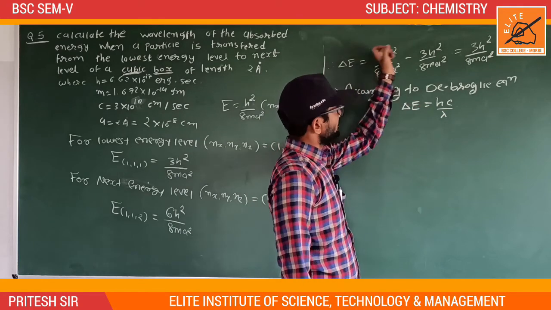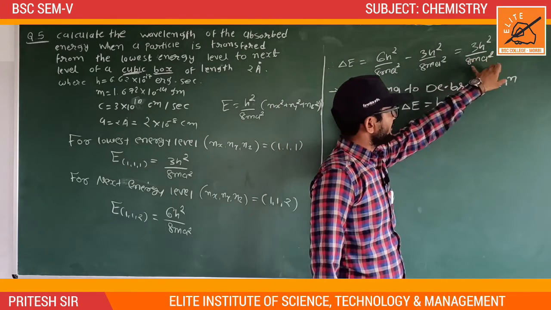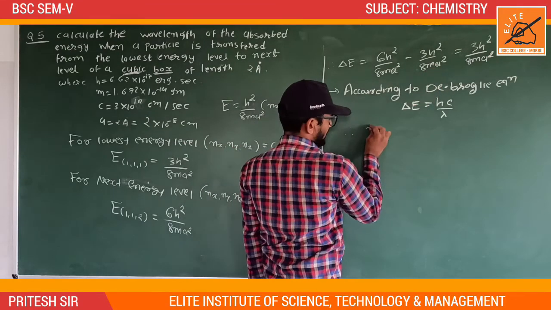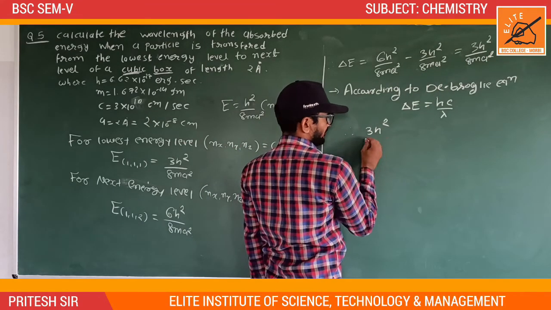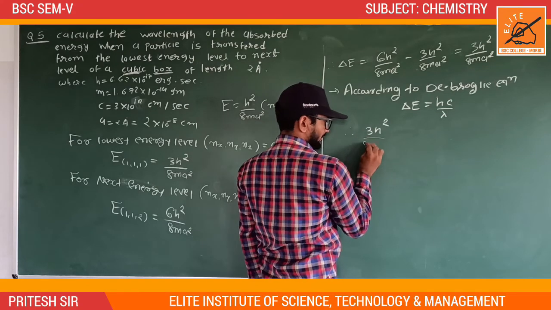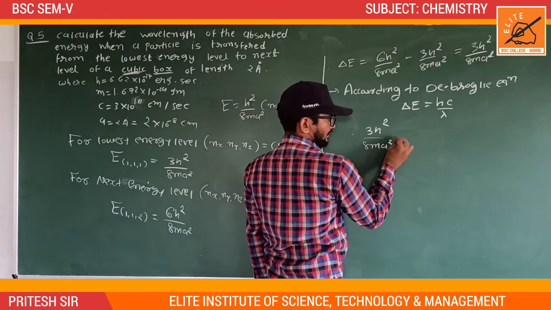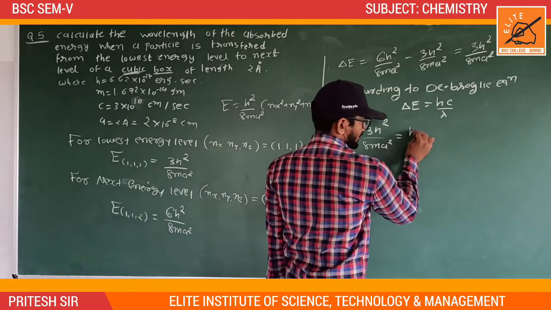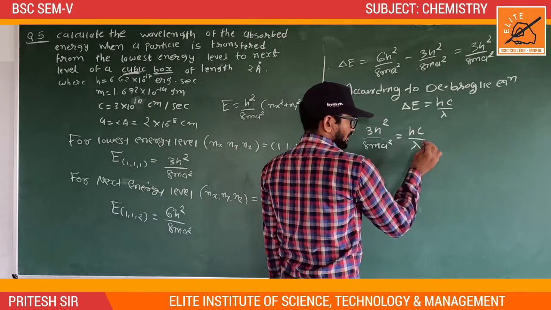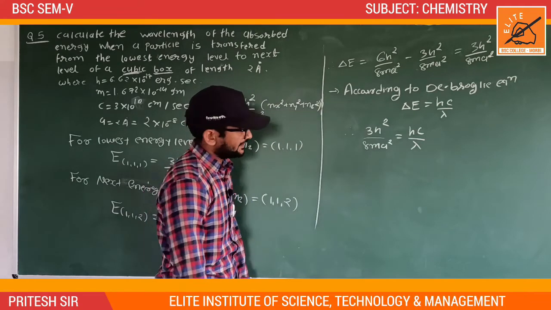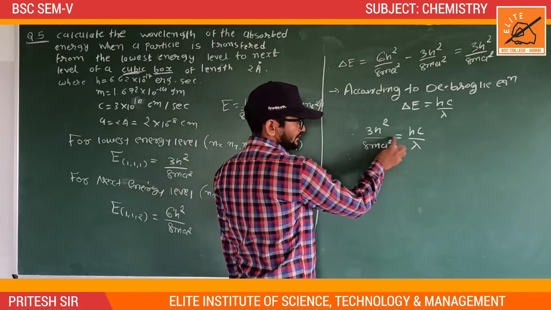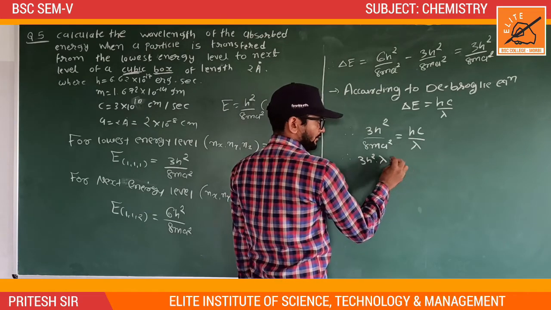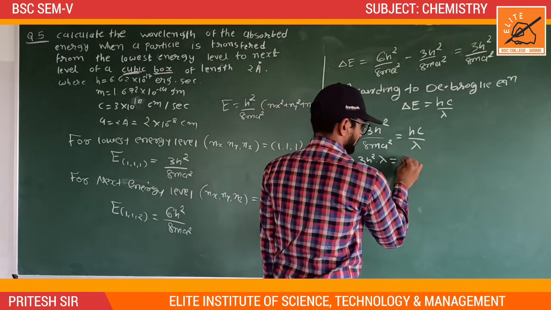Delta E is equal to 3h² upon 8mL². Therefore 3h² upon 8mL² is equal to hc upon lambda. Now cross multiplication: 3h² into lambda is equal to 8mL² into hc.